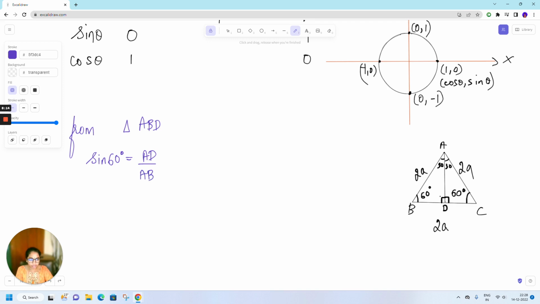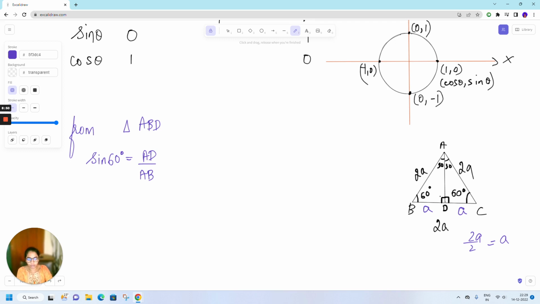Now if the side AB is 2A, and the side BC is 2A, then the side BD would be A and DC would be A. Why? Because 2A divided by 2 is A. Now if BD is A and DC is A, you get back 2A when you add them.